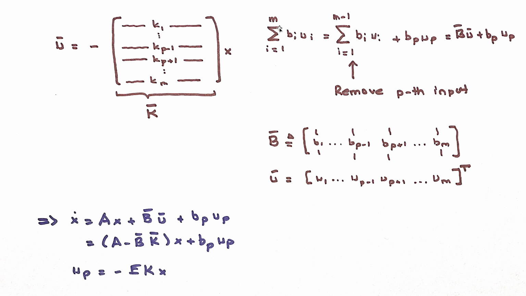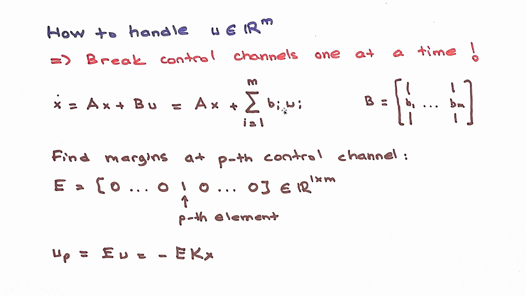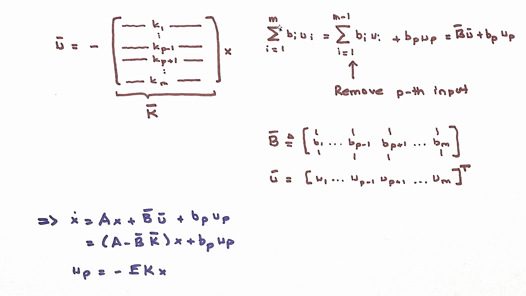If you remember from the previous slide, Bu was represented as the summation of Biui. Now taking this summation, I am basically removing Bpup, so it is the summation of Biui, with i going from 1 to m minus 1, plus the PEAT control channel that I am interested in, to find its loop transfer function and assess the stability margins of that control channel.